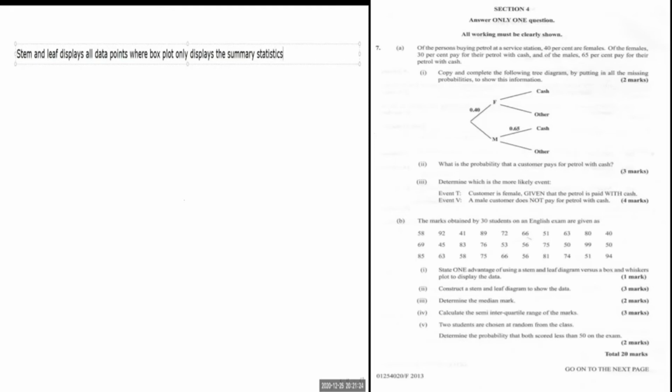So the box plot only displays the median, the upper quartile, the lower quartile, and it also displays the upper hinge and lower hinge. Those are all the box plot displays.